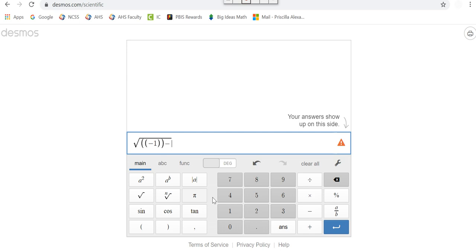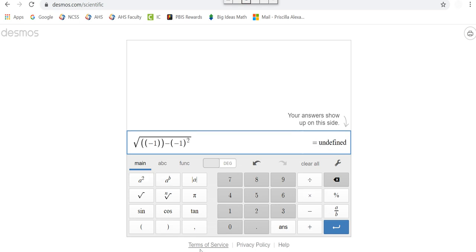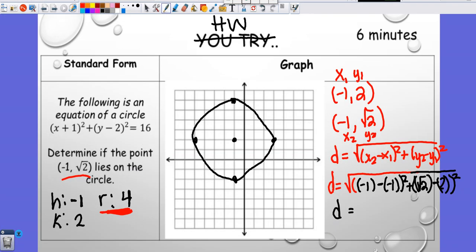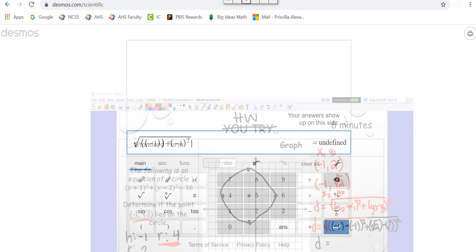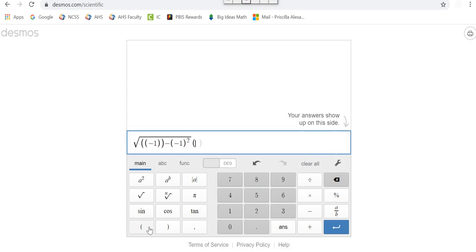And then minus, I'm not the biggest fan of Desmos, but it is what it is. We're going to make this work. And then the next one was open the parentheses. Oh, wait, plus. So if you're struggling with this, that's okay. You see what I'm doing. We're going to struggle together.